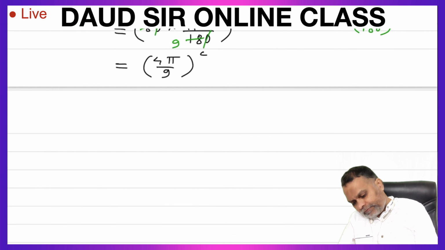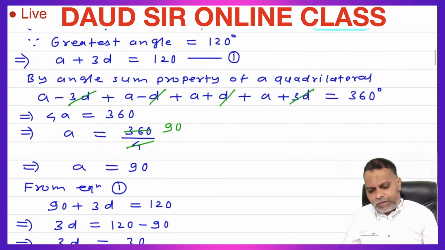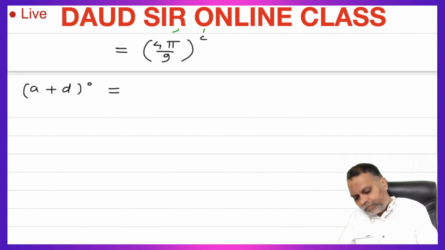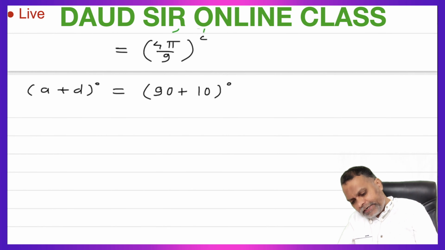Third angle A plus D degree is equal to A 90 plus D 10, that is 100 degree.